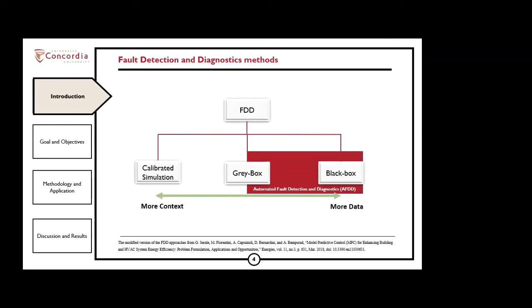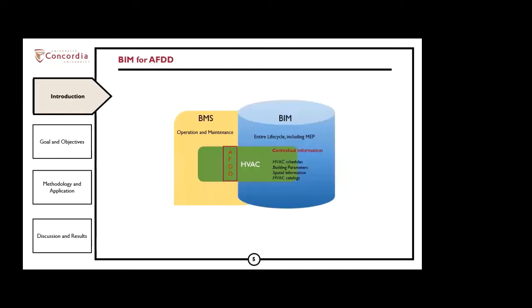I call this area automated fault detection and diagnostics of HVAC. The problem that is faced here is that we don't have certain information. I will get to what type of information I'm losing, but luckily, within my research I found that BIM as a knowledge source can contribute this missing information.